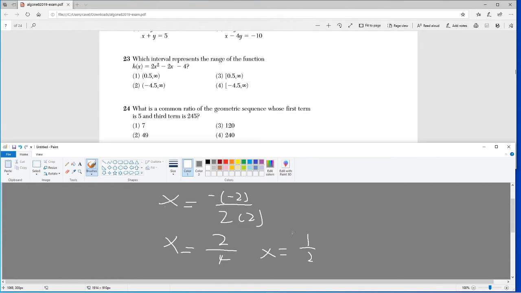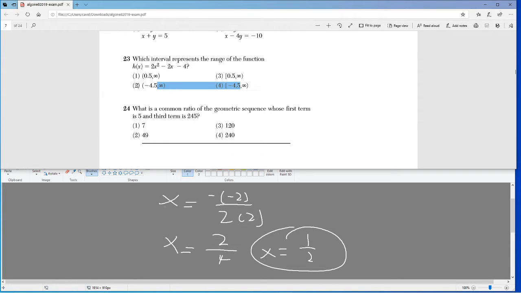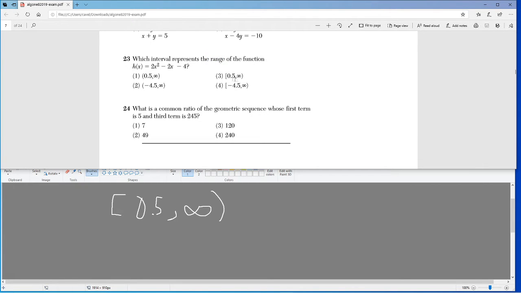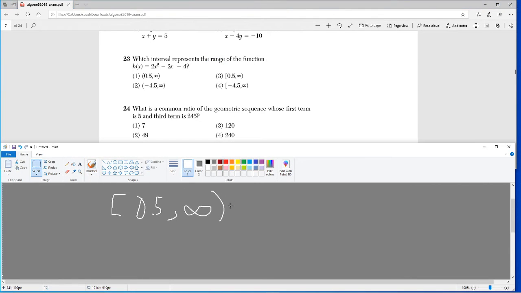X equal to 1/2, right? So automatically I know 2 and 4 are incorrect, right? And remember, since we're talking about range, we are including 0.5 to infinity, right? So remember, you have to include the minimum. So answer is choice number 3.